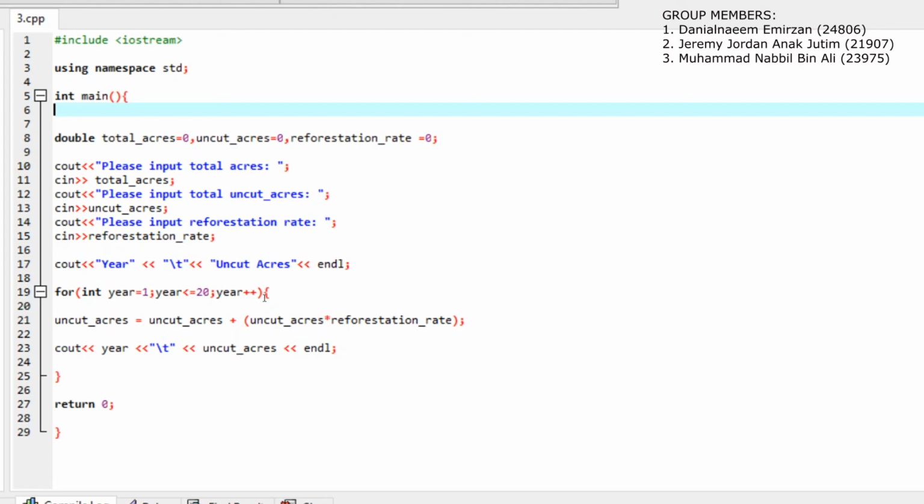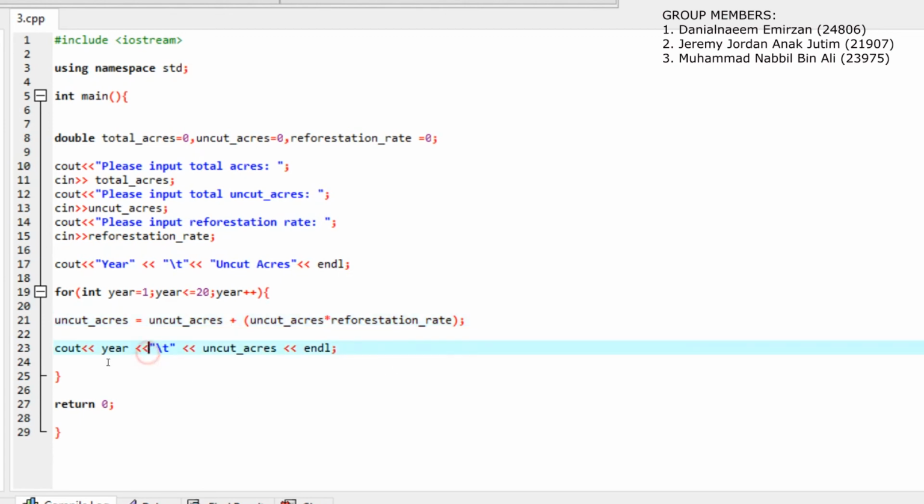After the program completes year 1, the program will continue to year 2, year 3, year 4, and so on until year 20 only, because the condition is stated here: year is less than or equal to 20. So the formula is uncut acres is equal to uncut acres plus uncut acres times the reforestation rate.